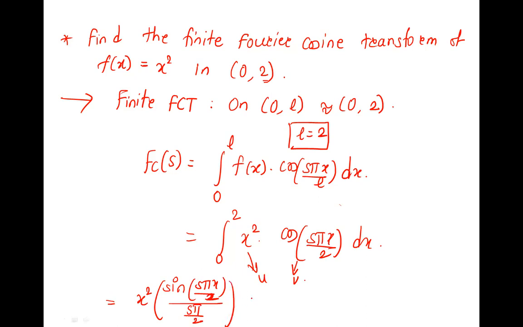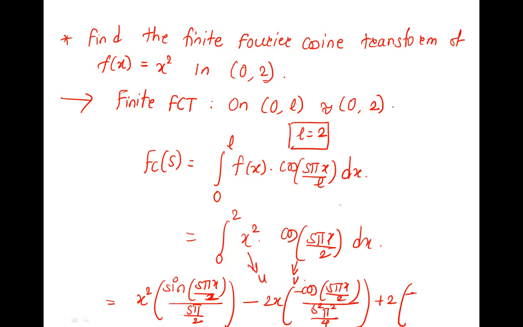Minus derivative of this, 2x, into integration of sine, minus cos(s pi x upon 2) upon (s pi by 2) square, s square pi square by 4. Then plus derivative 2, integration of cos, sine.